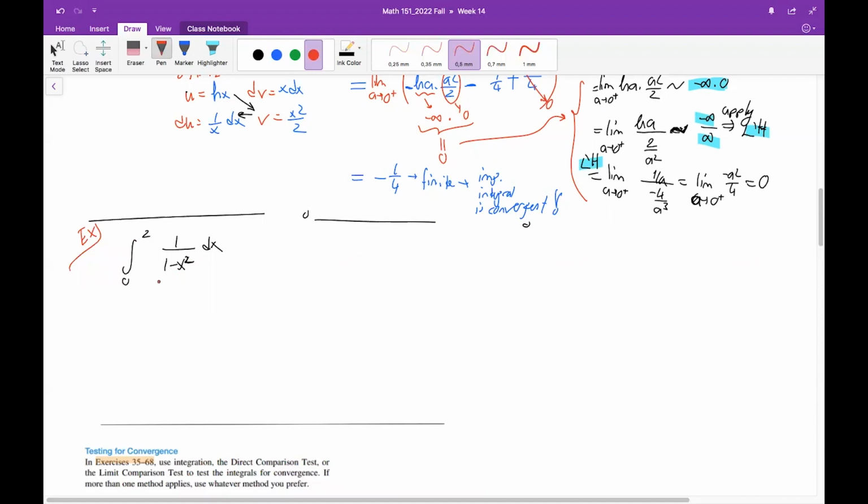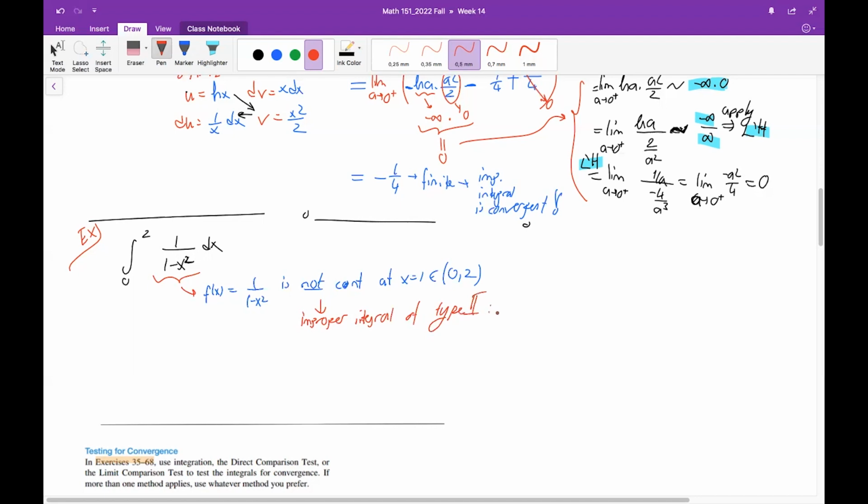The interval is finite, but this function has a discontinuity over the given interval. f of x is like that, which is not continuous at x equals 1, which is an inside point of this given interval. So our integral is an improper one, an integral of type 2.